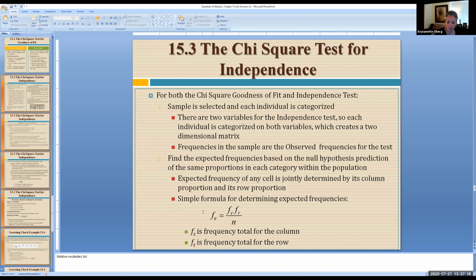So this is a formula you can use because it can get confusing and complicated, especially the more categories you have, okay? So keep that in mind.